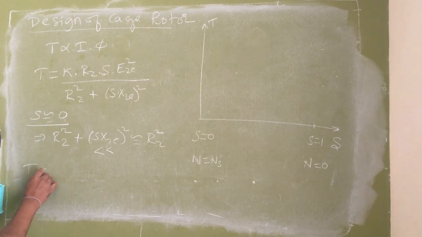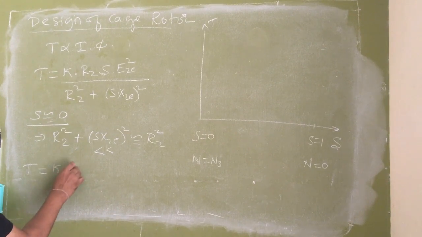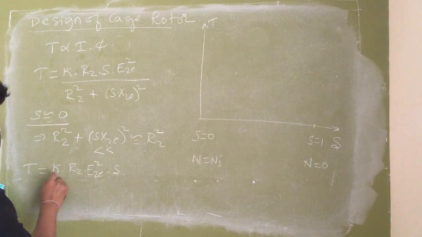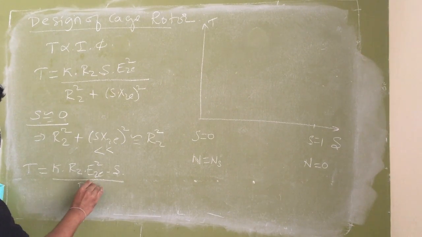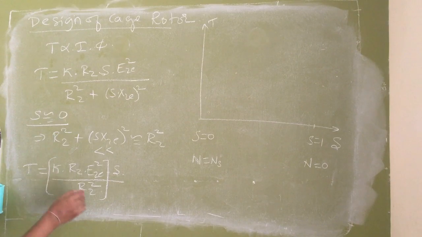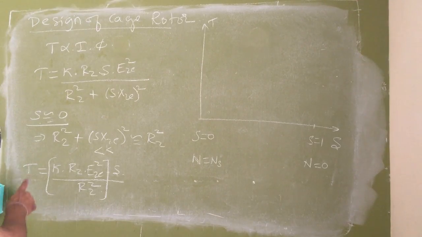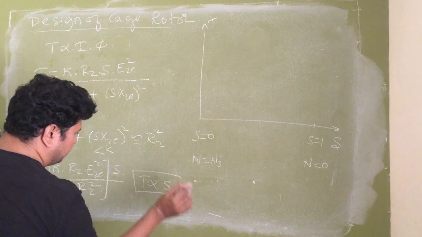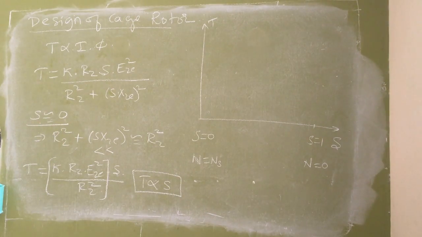Write the equation: T equals K R2 E2E square into S divided by R2 square. The terms in the bracket will remain constant. Then torque is directly proportional to slip. So at very lower values of the slip, torque is proportional to slip.